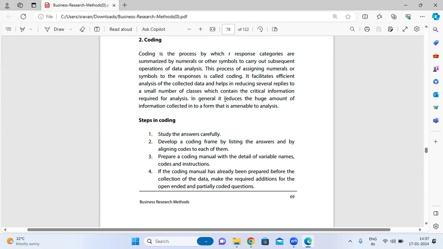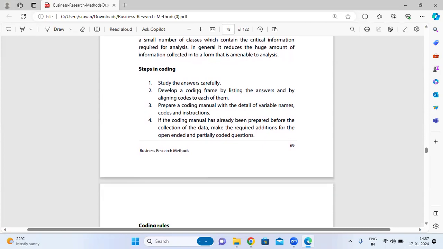In general, it reduces the amount of information collected to a form that is amenable to analysis.